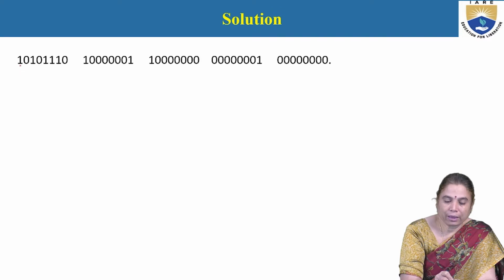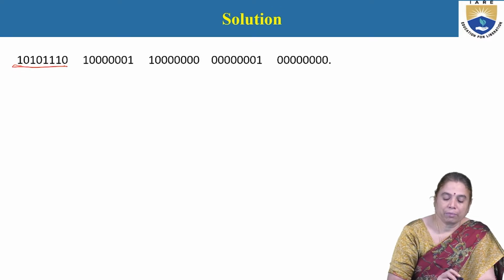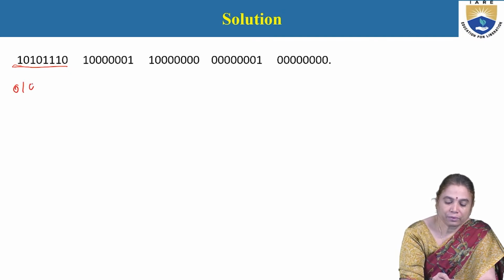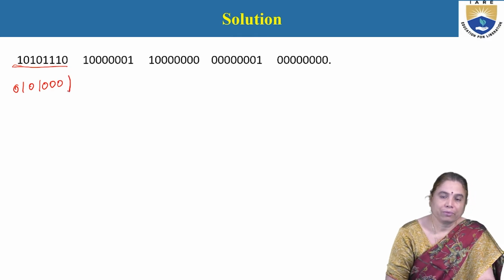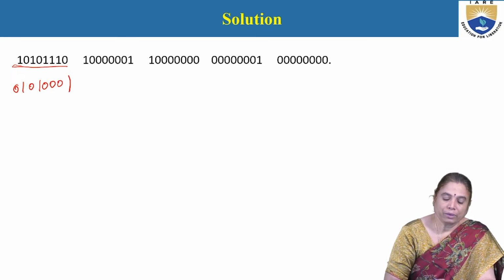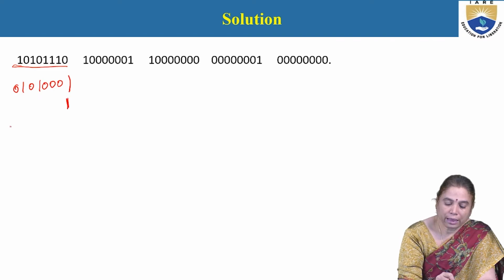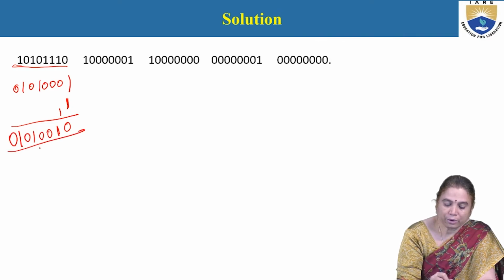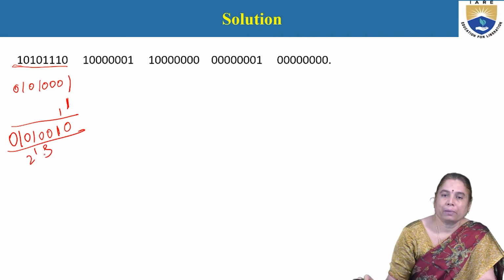So here the number that is given in the problem is this, and the 1's complement of this number is 01010001. This is the 1's complement. For this, if you add 1, then you can get the 2's complement. So this is the 2's complement of the given number.